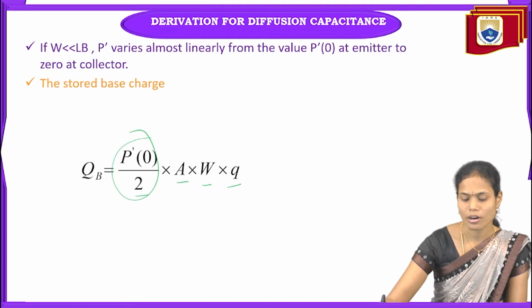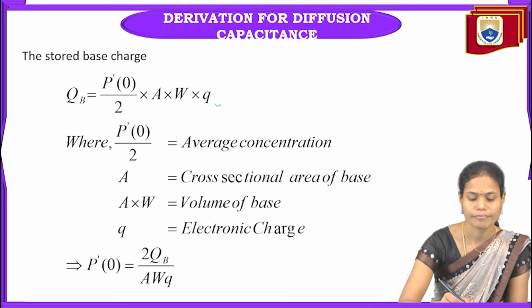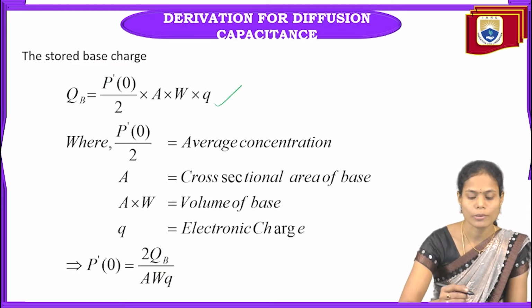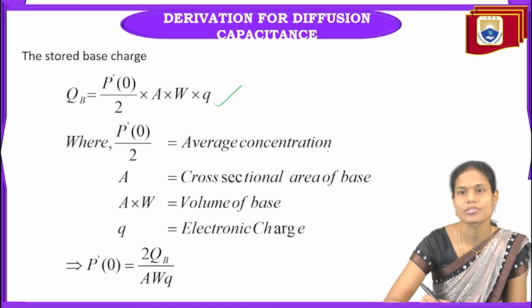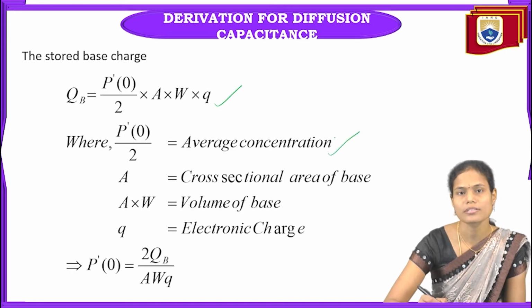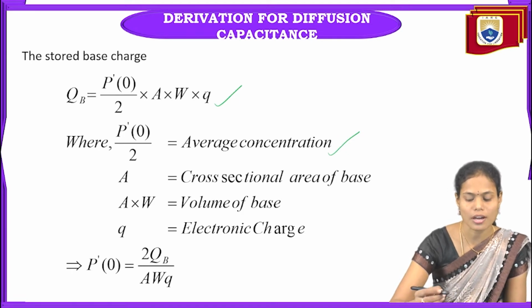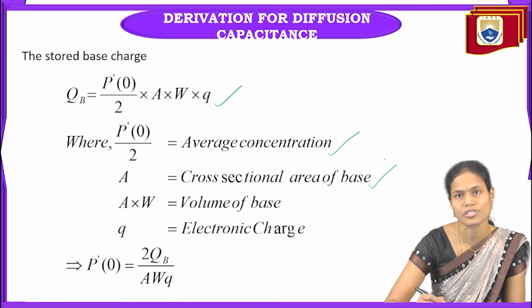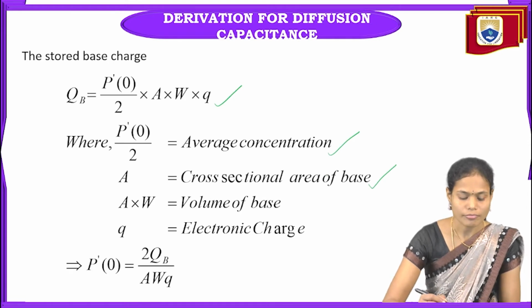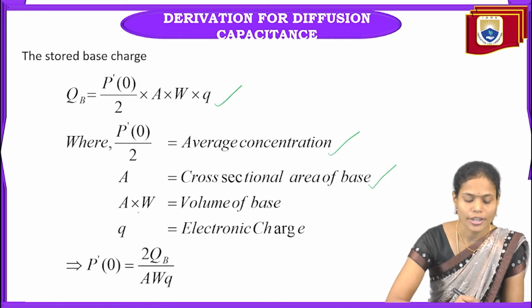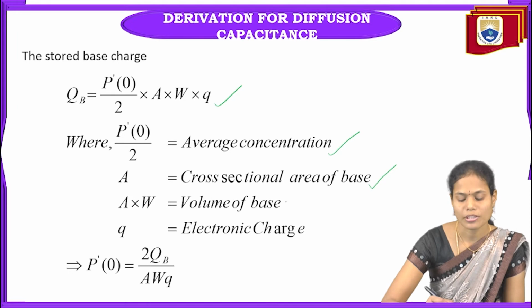So what are all these values? Here P dash of 0 by 2 is the average concentration across both the junctions. A is the cross-sectional area of the base terminal, and area into width is the volume of the base terminal, and Q is the electronic charge which is stored in the base terminal.